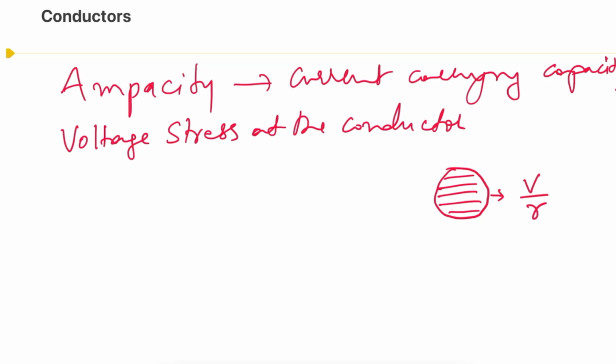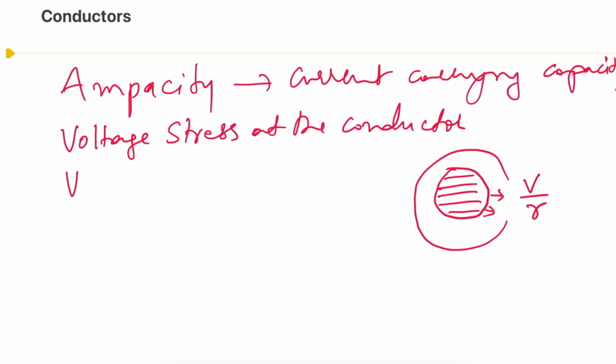So this is going to be an important factor. The higher the conductor size, the lower is the electric field on the surface of the conductor. Depending on the requirement of the electric field on the surface of the conductor, because on the surface you will have insulation starting from there, you have to decide the size of the conductor. So this is also an important factor.